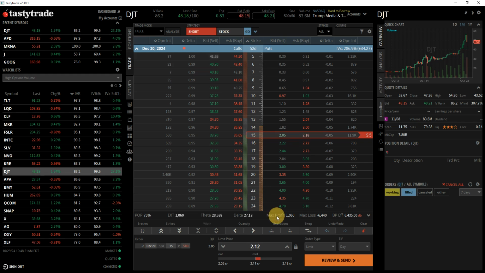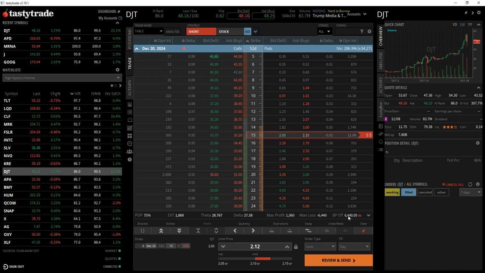Max profit is what comes to your pocket as of now. As of now, $1,000.60. Over $1,000 goes to your account as of now, and you only need $6,440 in buying power. That's all you need to do this trade. That's pretty impressive, actually.